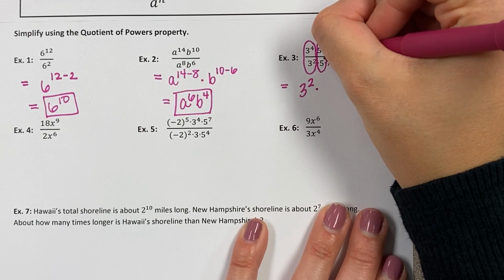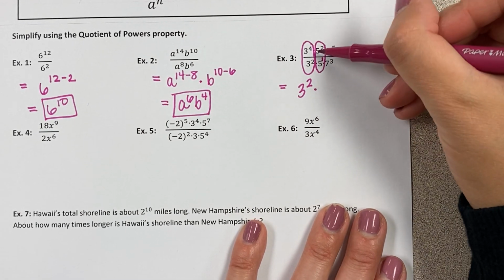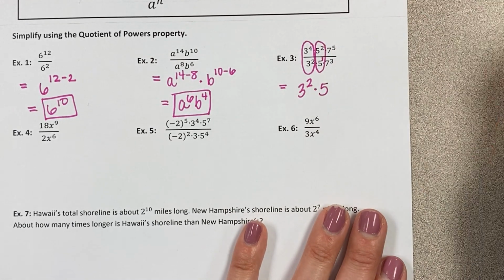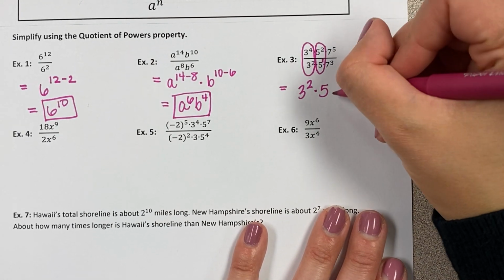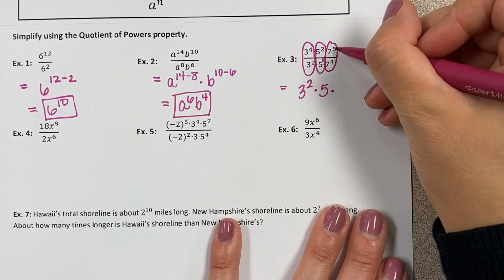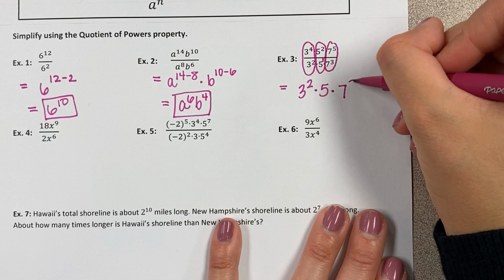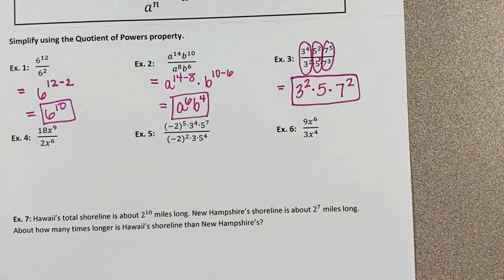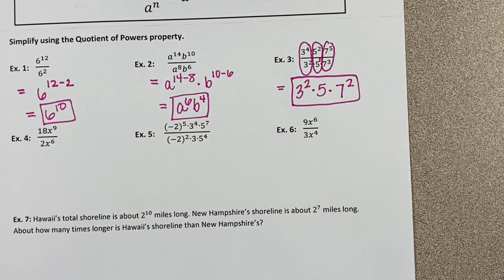Remember, this doesn't have a number here, but that means there's a 1. 2 minus 1 is just 1. You can just write 5. If you wanna put a 1 there, you can. And then the last one, 5 minus 3 is 2. Now, you could simplify this and do it in your calculator and get an answer, but they don't want it like that. They want exponents.